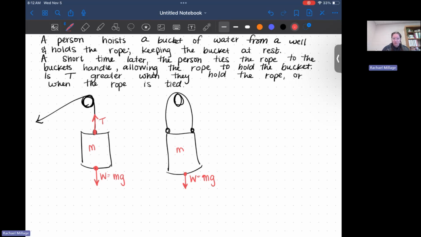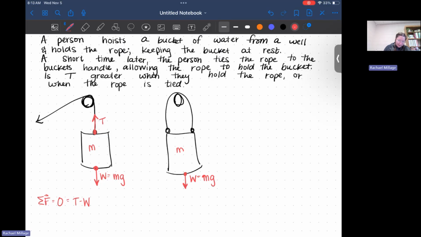So what can we assume about these two forces? If it's being held still, we know that the sum of forces in all directions is equal to 0. The sum of our forces in this case equals T minus W.